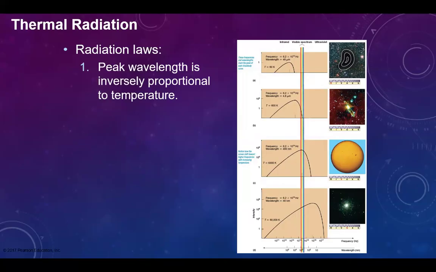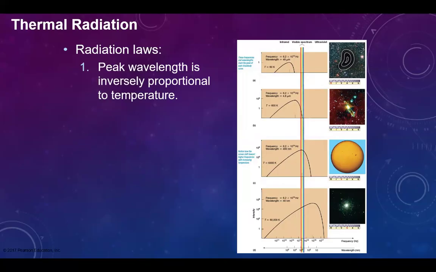That's the peak moving to shorter and shorter wavelengths. And so if you can measure where that peak is, you can measure the temperature. If you've ever used an infrared thermometer, that's what it does. It measures the infrared light coming from the object and works out where the peak would be and uses that to figure out the temperature.